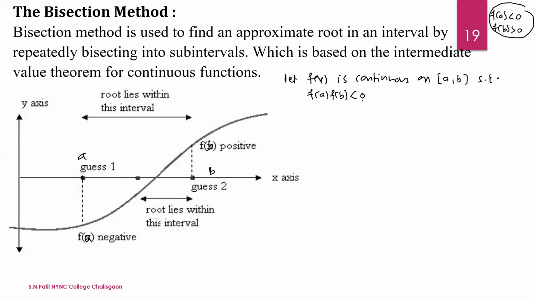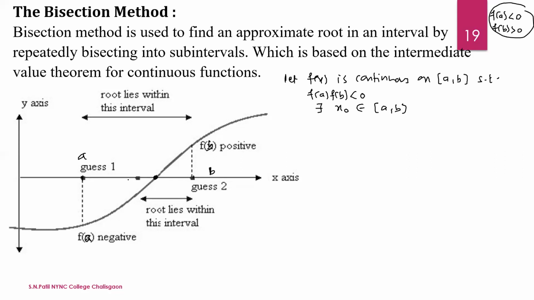If this product is negative, it means there exists a root x naught belonging to the closed interval AB. Now here we have the interval AB, the curve passes through it, and this is the root.